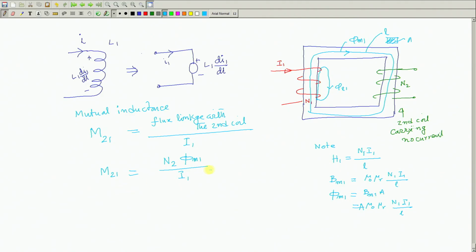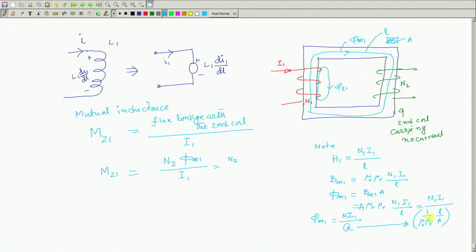Then by definition M21 will be equal to N2, and mind you this quantity N1 I1 is called the MMF. Bring everything down, it will be 1 over mu 0 mu r times L by A. This quantity is called the reluctance: phi m1 is equal to MMF divided by reluctance, a constant number. It depends on the core only, core physical dimensions and core properties mu 0 mu r. A is the cross sectional area.